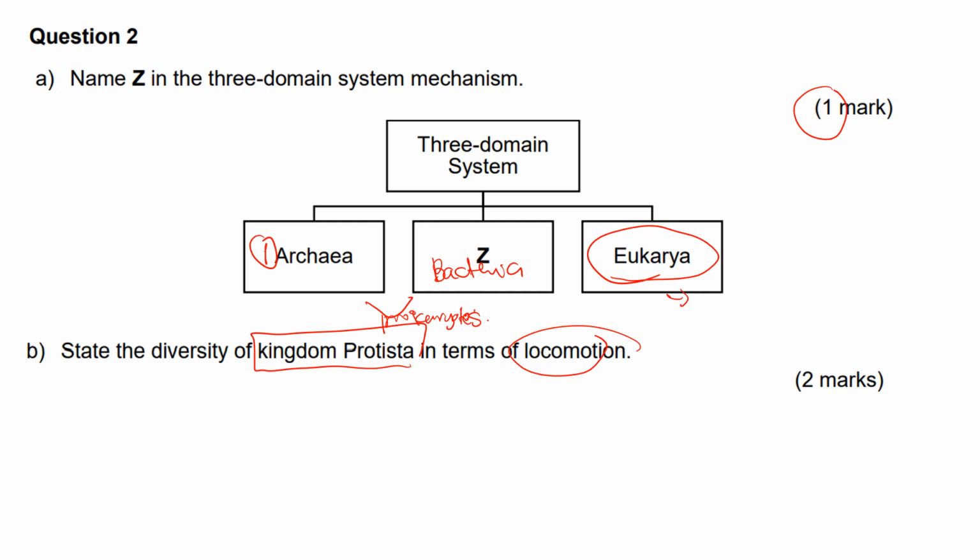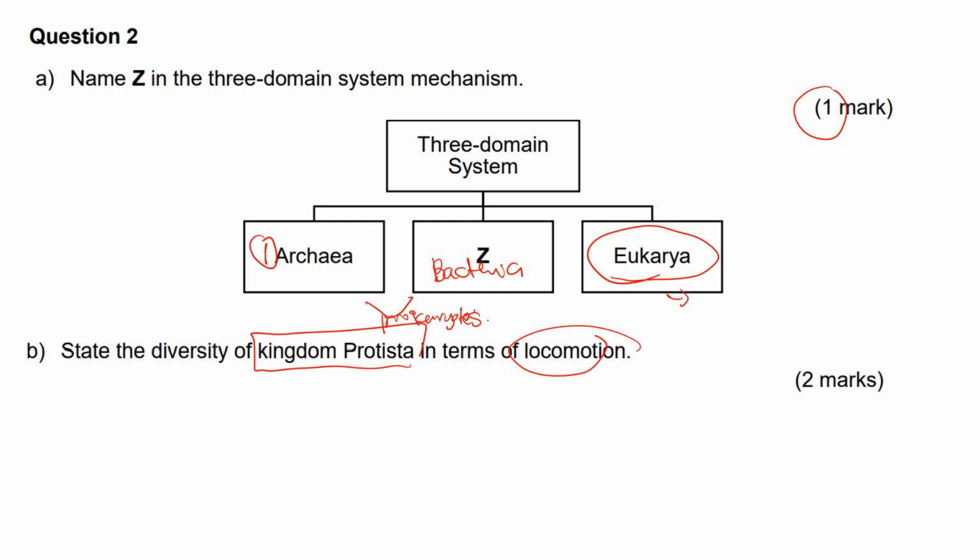You have the paramecium species, you have the euglena species. So these are examples of organisms under the kingdom Protista. They are aquatic organisms, so because they live in water, they must be able to swim. So what are the features of these organisms that will help them in their locomotion?